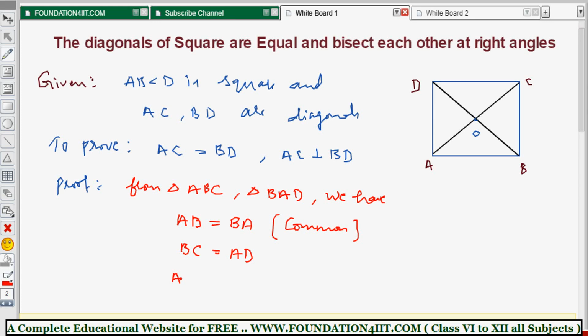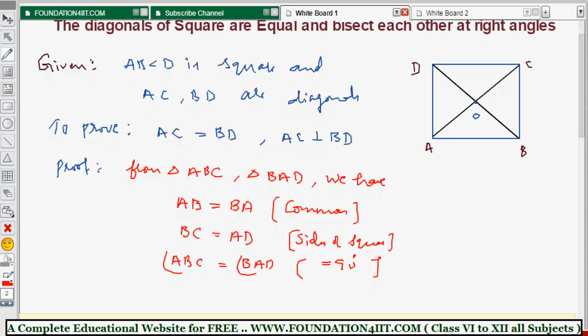So we can take angle ABC and angle BAD, two angles equal to 90 degrees. This is the property of the sides of a square: BC is equal to AD, and every angle is equal to 90 degrees. So two sides and one angle.